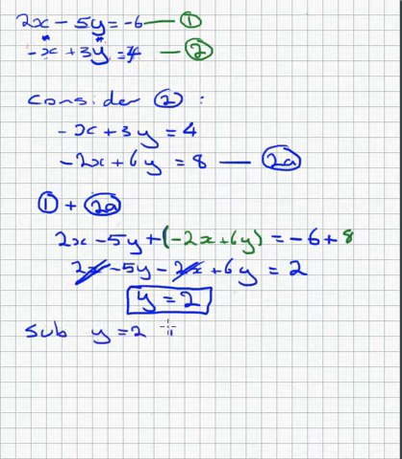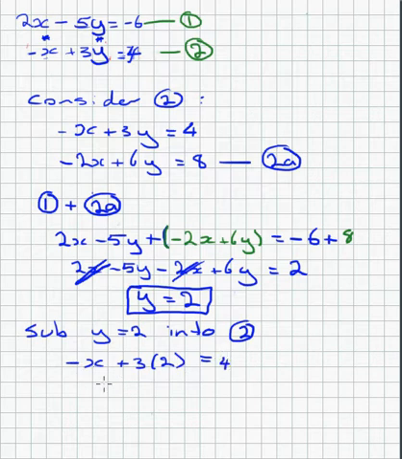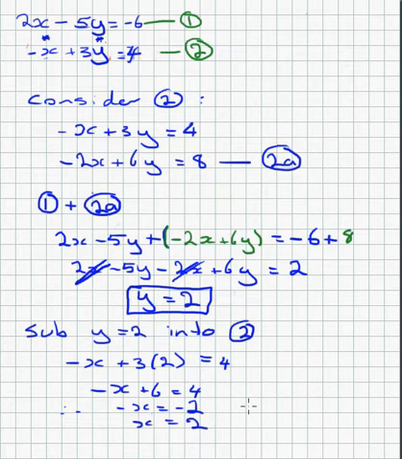So we want to substitute y equals 2 into equation 2, which gives us minus x plus 3 times 2 equals 4. Cleaning that up a little bit, minus x plus 6 equals 4, therefore minus x equals negative 2, multiplying both sides by minus 1, x equals 2.